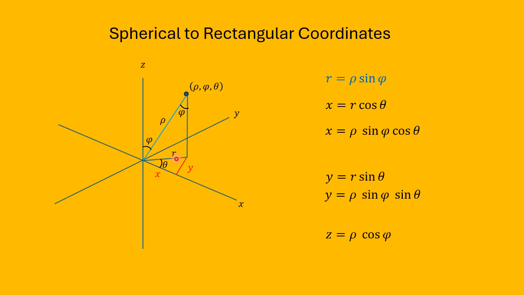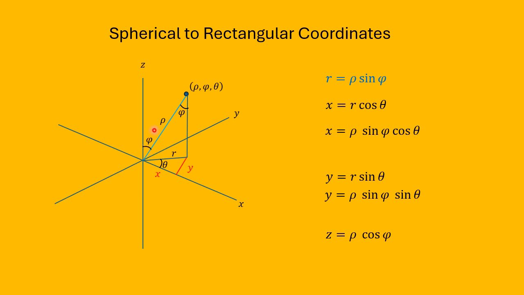The formulas for y are very similar. Looking at this small right triangle, instead of x equals r cosine theta, you'll have that y equals r sine theta. Now, once again, r is rho sine phi, so plug that in for the r right here, and we have that y is rho sine phi sine theta.